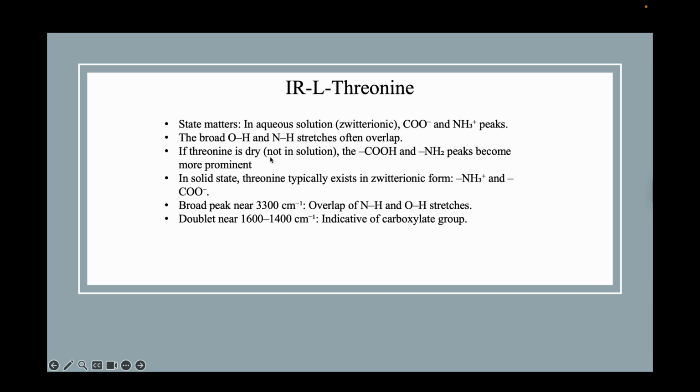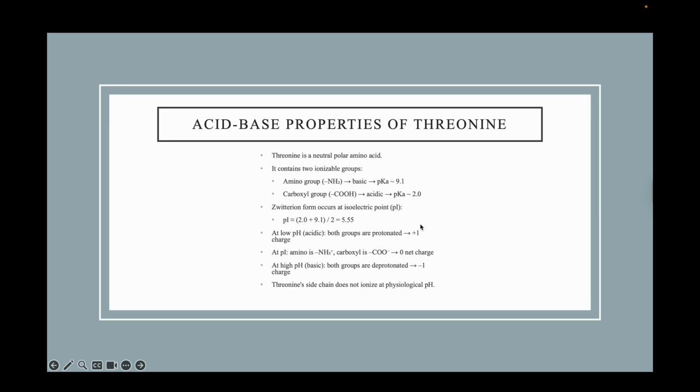If the threonine is dry, not in solution, the COOH and NH2 peaks become more prominent. In the solid state, threonine typically exists in zwitterionic form, NH3 plus and COO minus. A broad peak at 3,300 centimeters inverse where the amine and alcohol stretches overlap, and a doublet near 1600 and 1400 centimeters inverse, indicative of the carboxylate group.